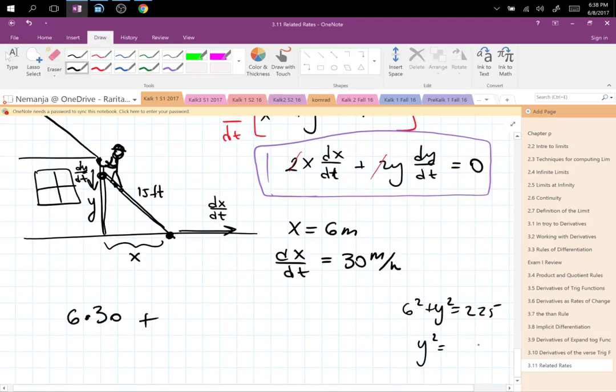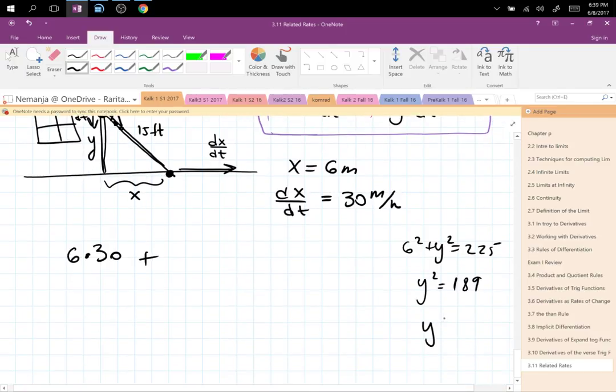So we get that y squared is 225 minus 36, which is 189. And then you will take the square root of 189.